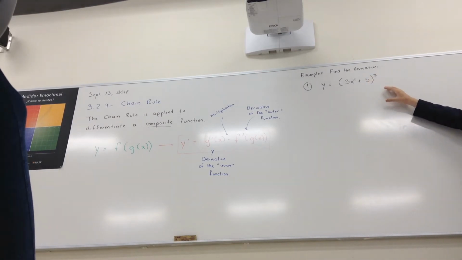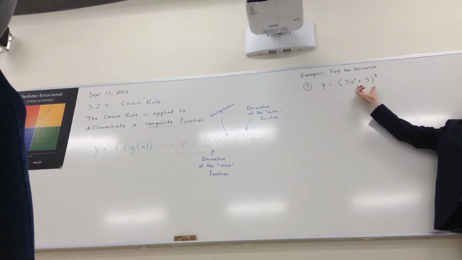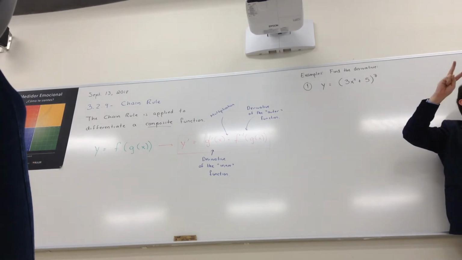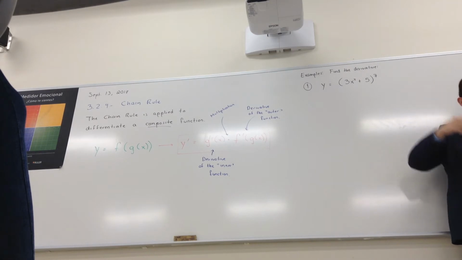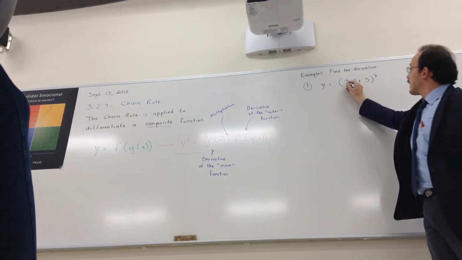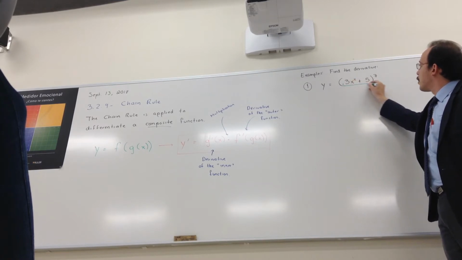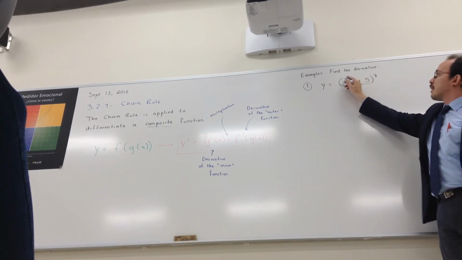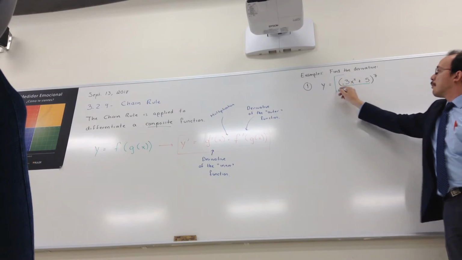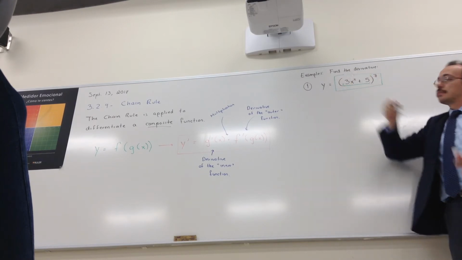What matters here is that this is going to be a composite function. You have two components. The 3x squared plus 5 is the first component, the inner function. But that function is raised to the 7th power, so that will be the outer function.